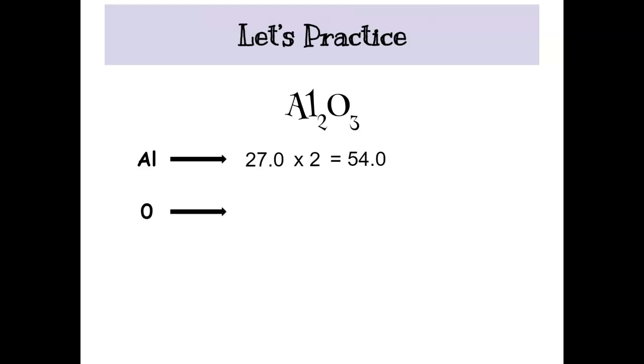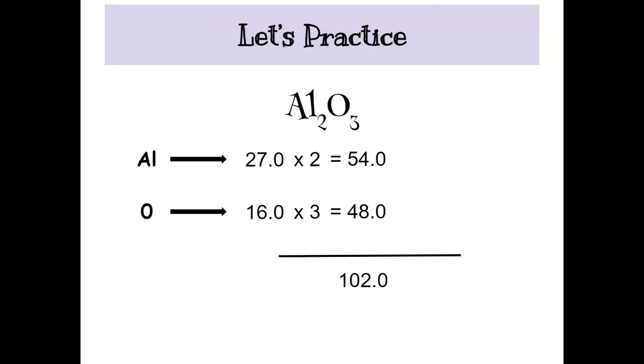Okay, now let's look at the oxygen. The average atomic mass of 1 atom of oxygen is 16 grams, but we have 3 in the compound. So here we have 48 grams of oxygen in this particular compound. Okay, 54 plus 48 is 102.